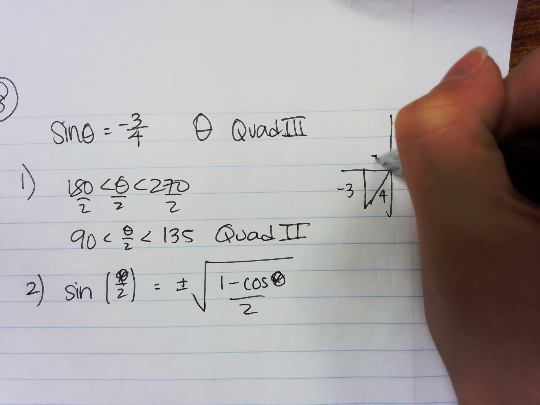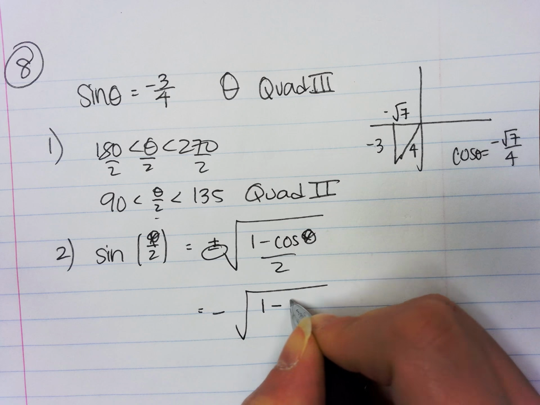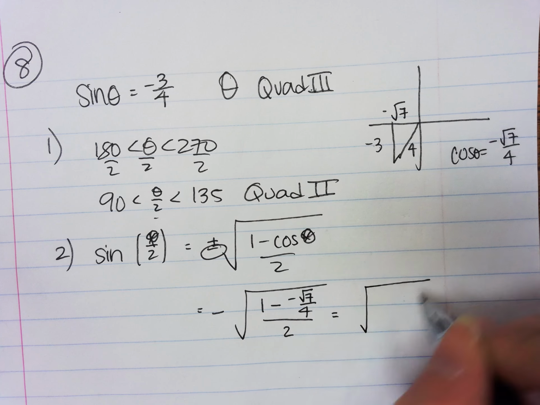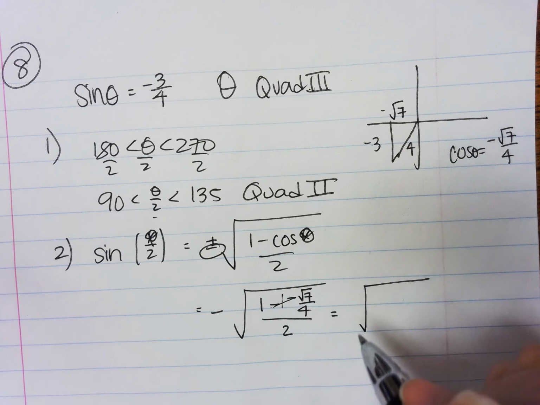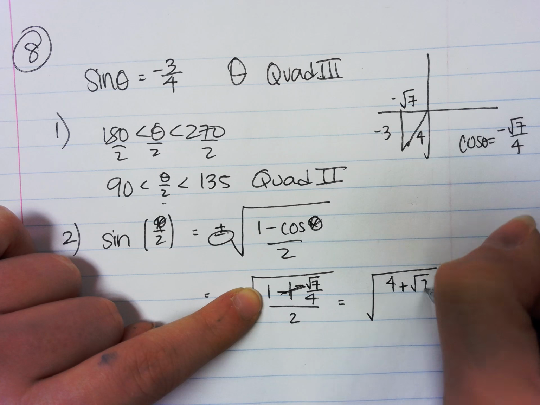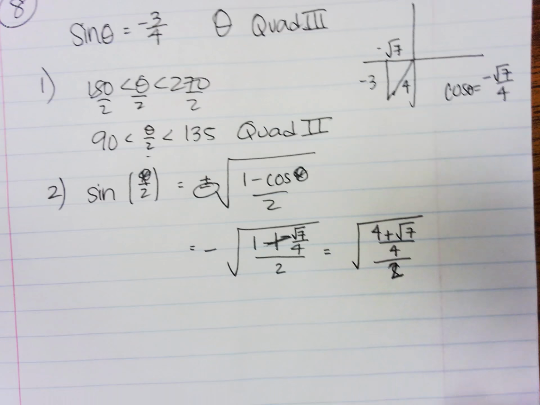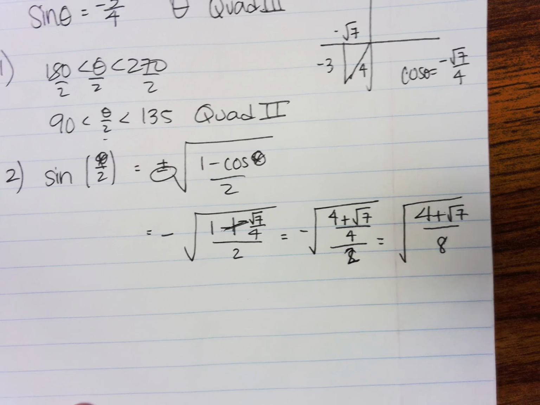And again, theta over 2 is in quadrant 2, and our cosine's negative there. So this is 1 plus, and we'd simplify the top. So I'd have 4 over 4, so 4 plus root 7 over 4, all over 2, excuse me. Multiply by the reciprocal, or combine our denominators, we'd get 4 plus root 7 over 8.